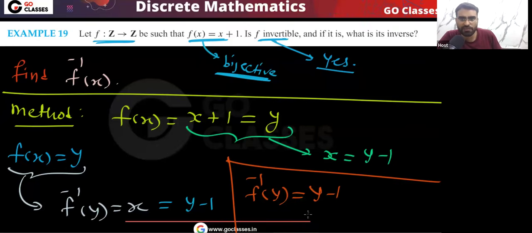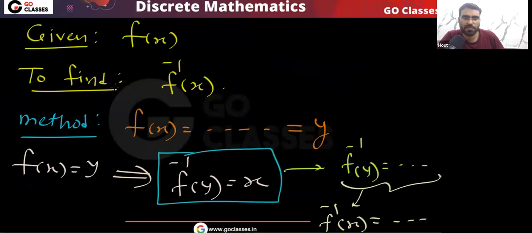Now can you find f inverse x? Just replace y with x. This is f inverse y, so f inverse x will be x minus 1. Isn't it a very simple method? f(x) is given to you, and the question will ask you f inverse x.